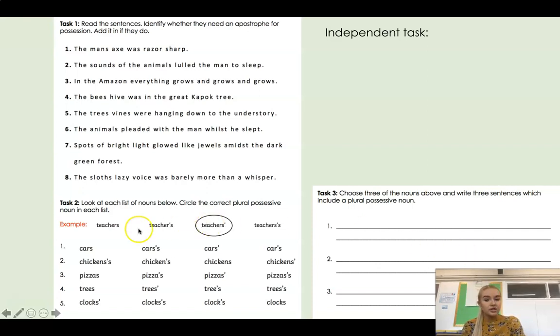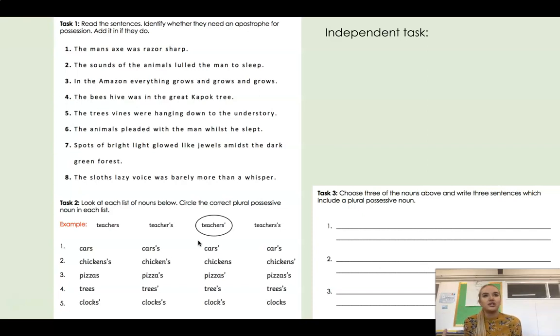Then what you're going to do, you're going to choose 3 of the nouns. So you might choose cars, chickens, pizzas, and trees. Or you might choose clocks, pizzas, chickens, and trees, for example. You're going to write 3 sentences, including this plural possessive noun. Remembering that you are actually stating that if you're writing about the teachers, that it's the more than one teacher, okay? So it's the group of teachers maybe.